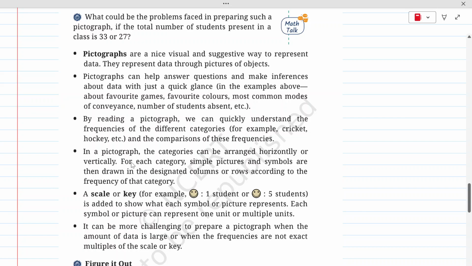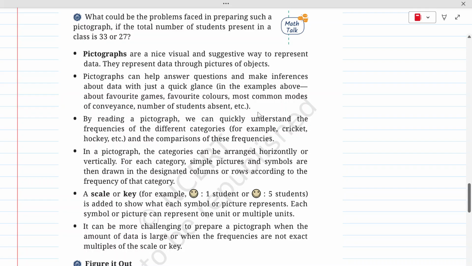These are the properties given of a pictograph here. It says that pictographs are a nice, visual and suggestive way to represent data. They represent data through picture objects. This we have seen and we have done also. Now, a pictograph can help answer questions and make inferences about data with just a quick glance. That's also true. In the examples above, the favorite games, favorite colors, most common modes of conveyance, that is your transportation, and the number of students present or absent, we could easily figure out because a pictograph was given to us.